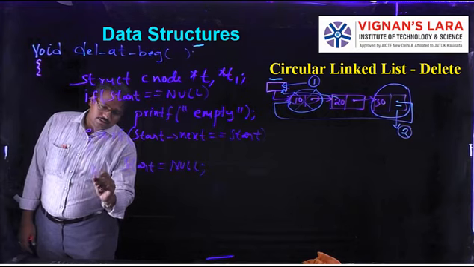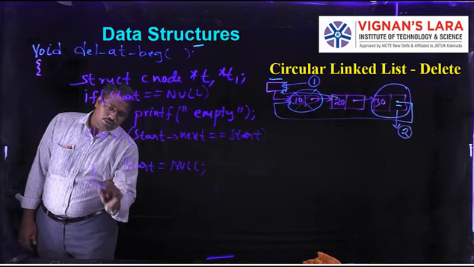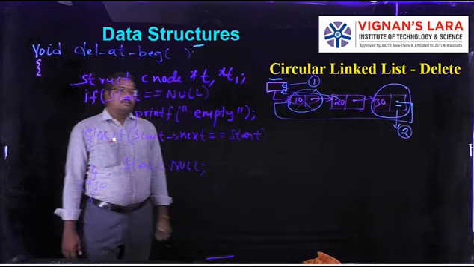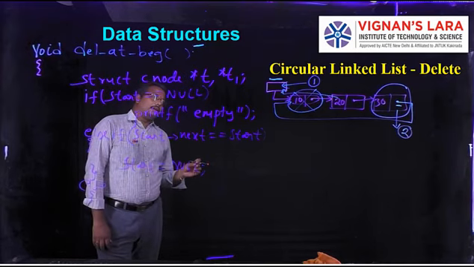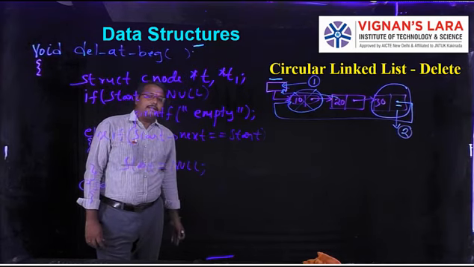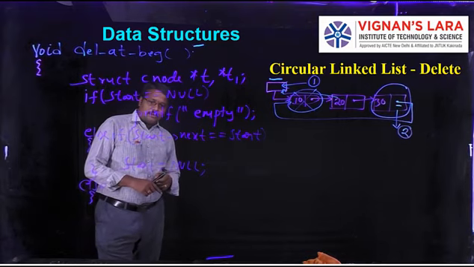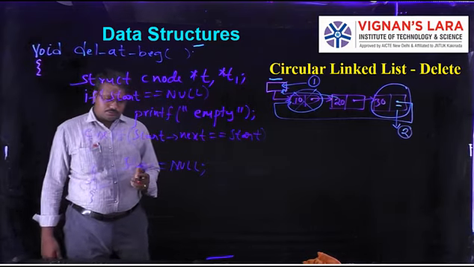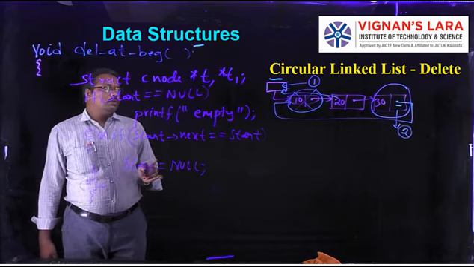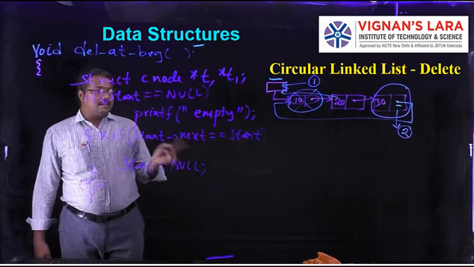Some other case, suppose the circular linked list having more than one element. In that case, first we want to change the starting node address.